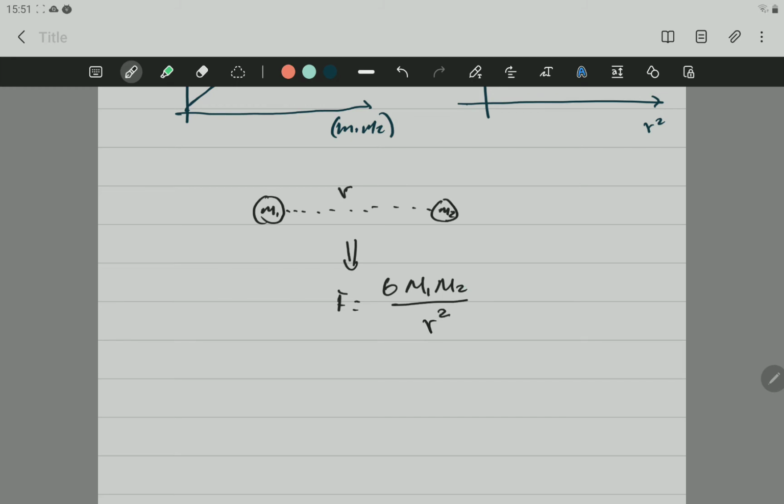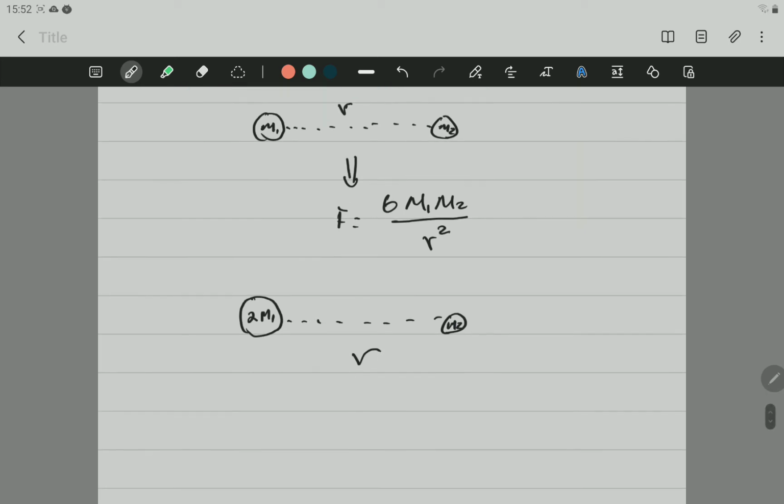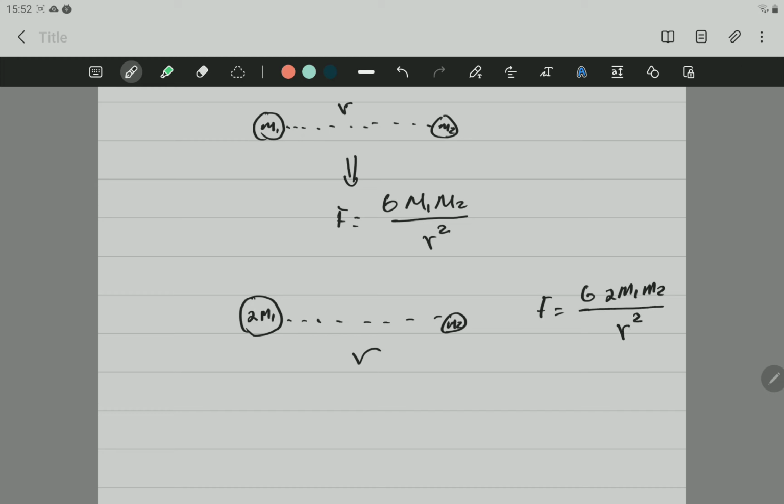All right, so now let's have exactly the same scenario, but one of the masses is going to be doubled. So this is 2m1, and the other one is exactly the same as before, m2. The distance is the same, still r. So now we have that the force is equal to the gravitational constant times 2m1 multiplied by m2 divided by the distance squared.